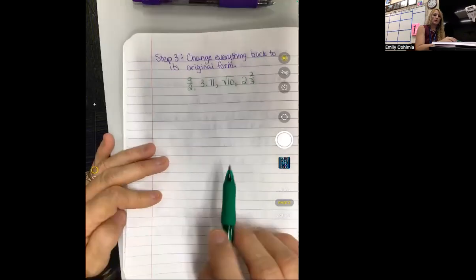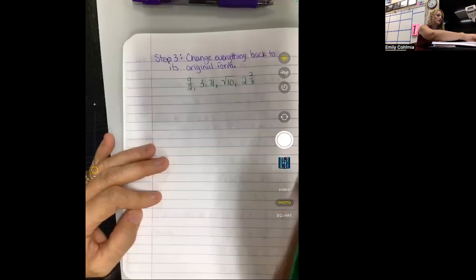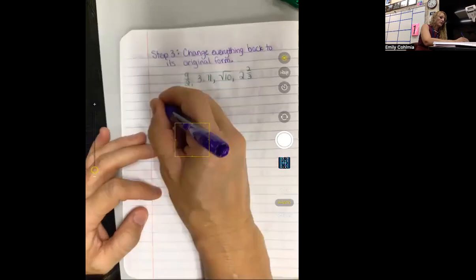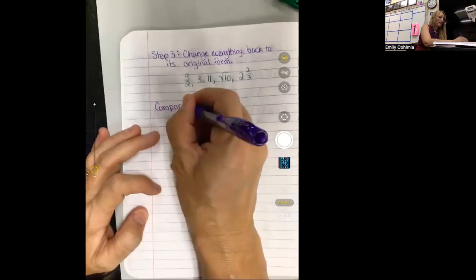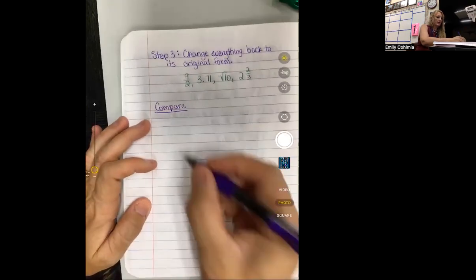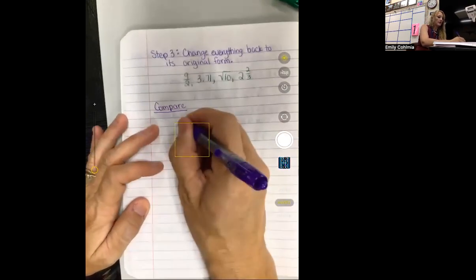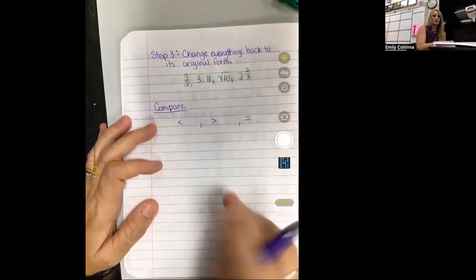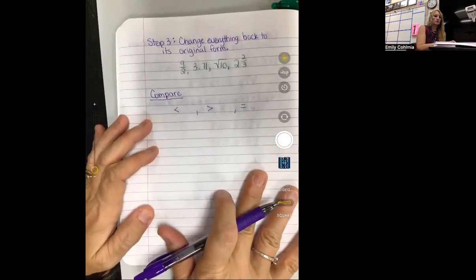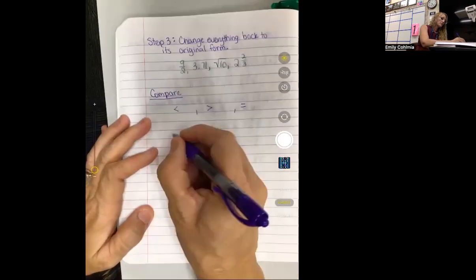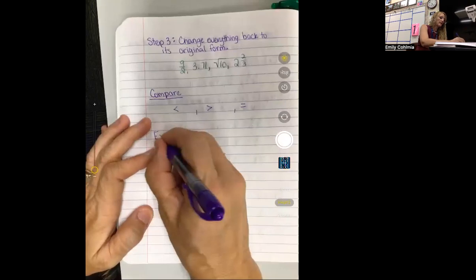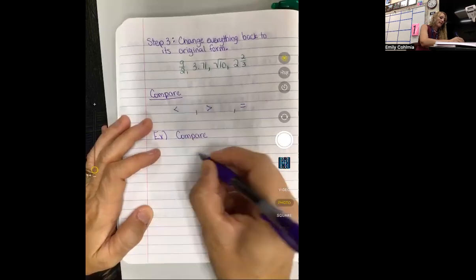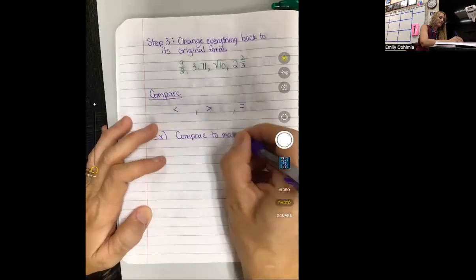Okay, so that is how you compare, or that's how you order. Now, if we are going to compare, we're going to do the same thing, but comparing means that we're going to use the greater than, the less than, or the equal to signs to make a statement. So an example of this would be: compare to make a true statement.